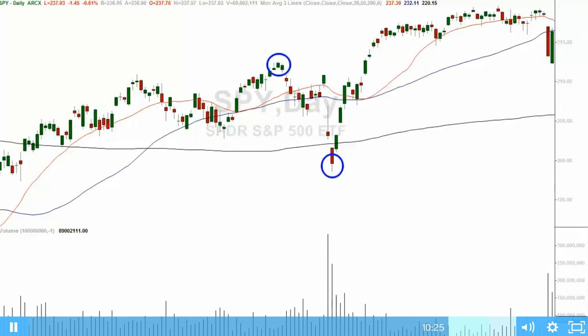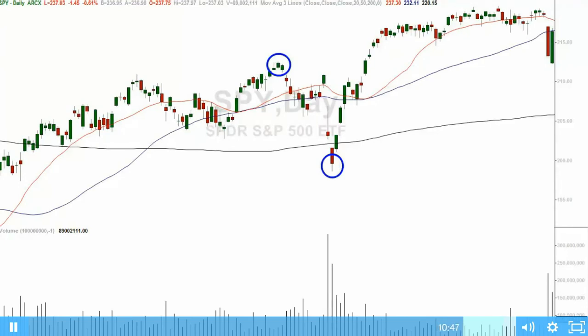So let's take two areas on the chart. The top number is $212.52. The bottom number, the bottom circle, is $198.65. The difference in those two numbers is $13.87. So for the purposes of this, we're going to round up to $14.